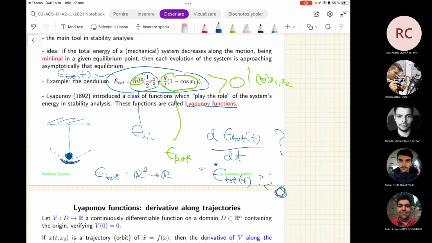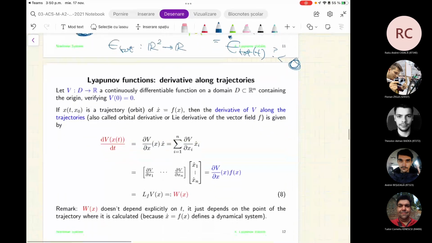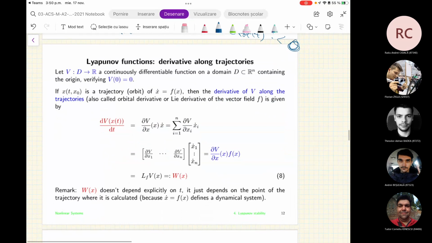So if this happens, then how is E with respect to time? Decreasing, right? Because the derivative is negative. E is decreasing, indeed. So we have to understand the concept of derivative along the trajectories.